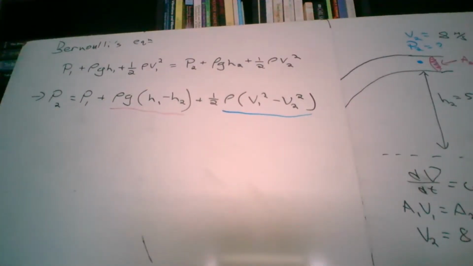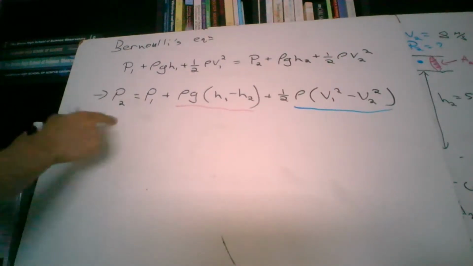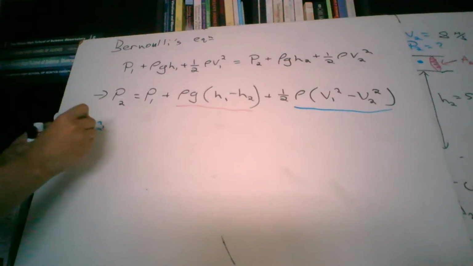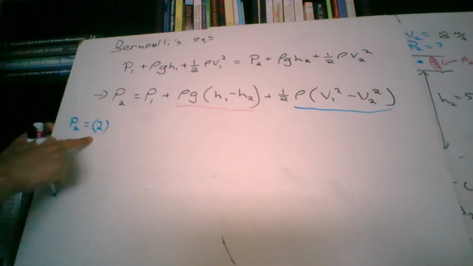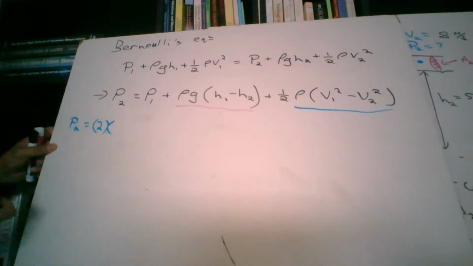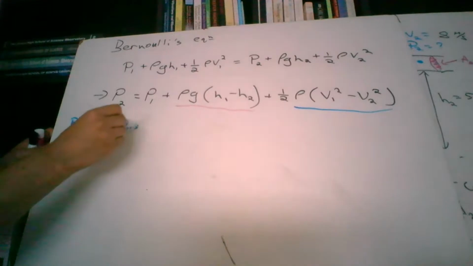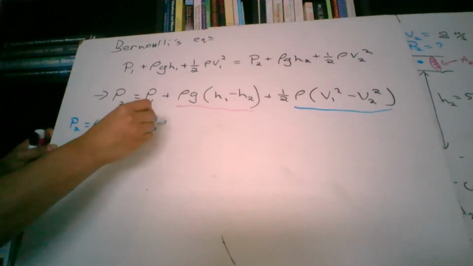So all we got to do is plug some stuff in. This time, let's put everything in terms of pascals. So let's work it out. P2 is going to equal 2 ATMs. That was the atmosphere pressure at P1, multiplied by, I'm going to convert it into pascals, 1.013 times 10 to the power 5.